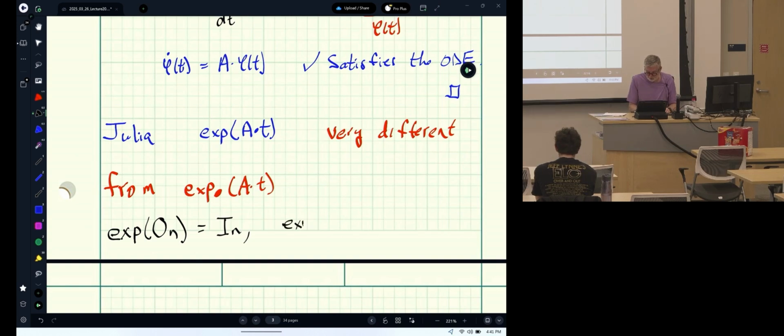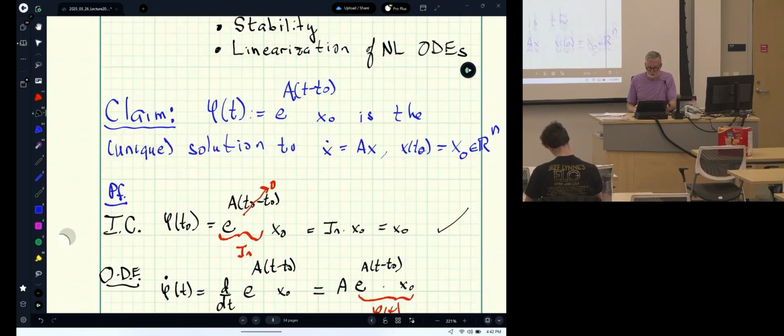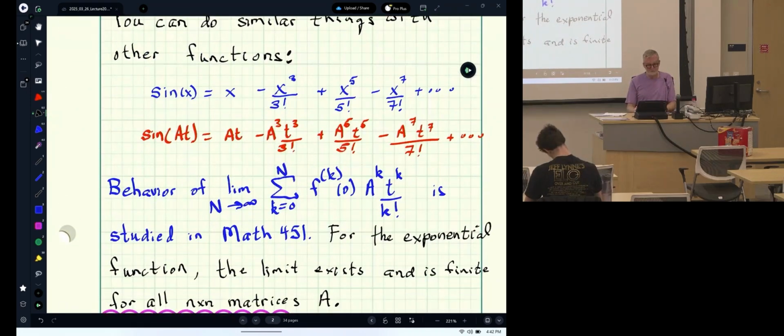Whereas if I did broadcasting on the zero matrix, I would get ones everywhere, an n by n matrix of ones. So it's not the exponential applied to the entries of the matrix. It's the power series. So it's really important to use the power series.